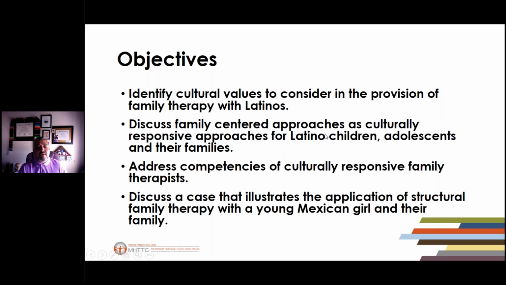So the first objective is to identify those cultural values that we must consider in order to create a connection with individuals and families in therapy, specifically with the Latinx population and Latinos. We want to definitely discuss family-centered approaches, which, as many of you know, many of the interventions when we look at adolescent work is inclusive of the family system.